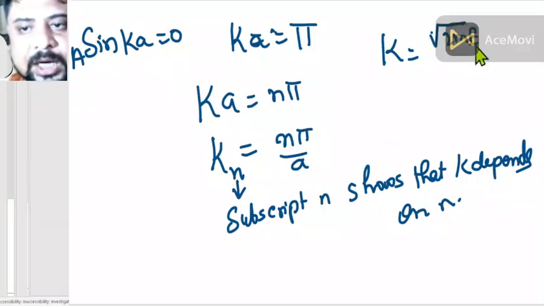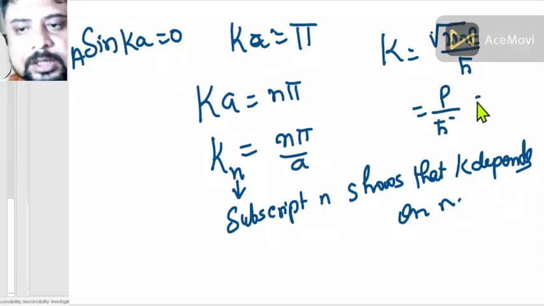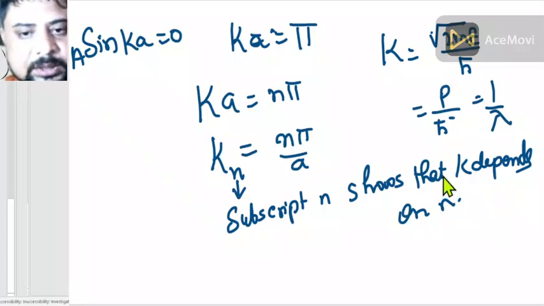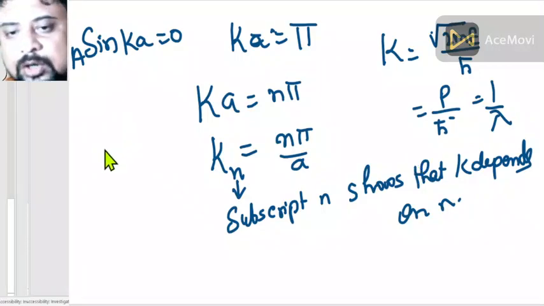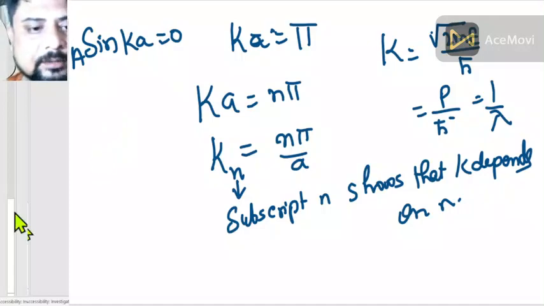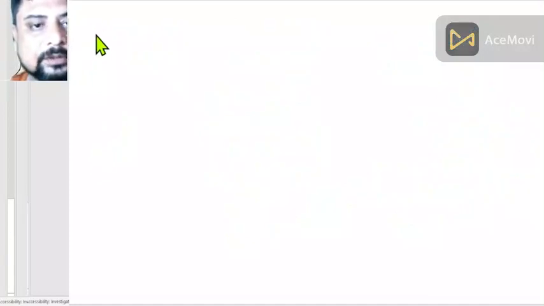Subscript n shows that K depends on n. Now what is K? K is root under 2mE by h bar, means it is p by h bar, means it is 1 by lambda.